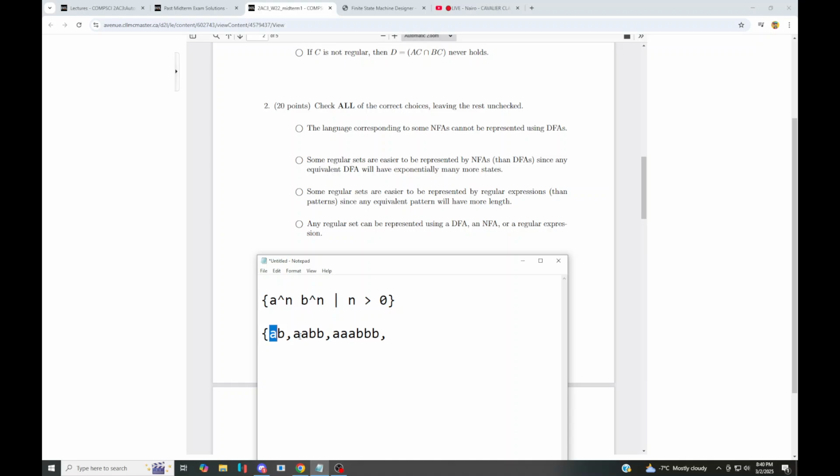When you start to add A's, you need to remember how many A's you added so that you can add the same number of B's later. Any time you need some form of memory in a regular expression, you're stuck. The other way to think about this is if you want to do an NFA, a machine, for this.